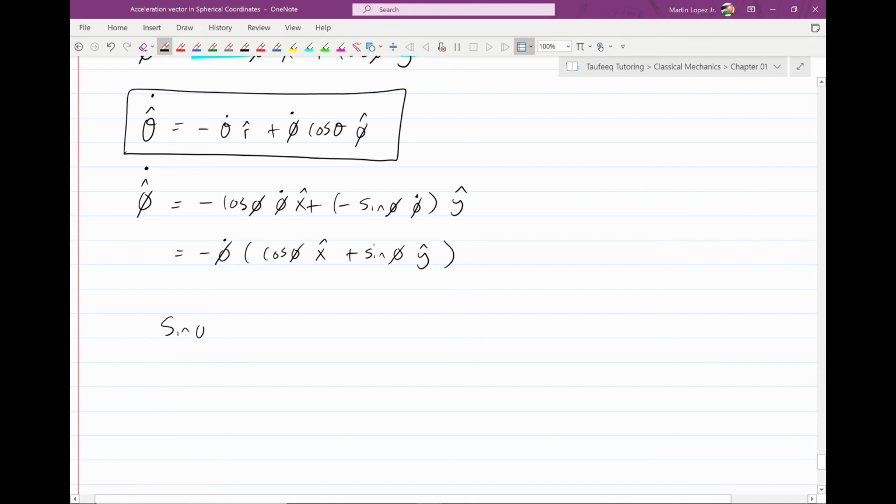Now, how will we get rid of this? We will use this trick where we have sine theta r hat plus cosine theta theta hat. Now, what is this?